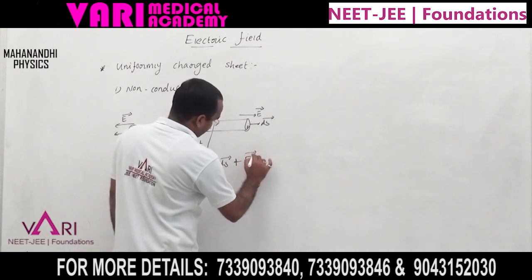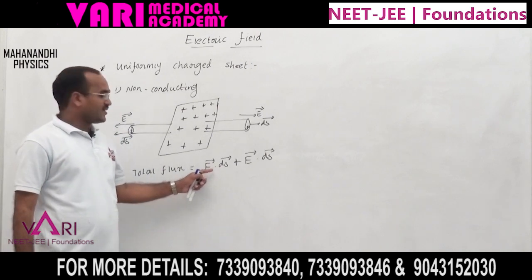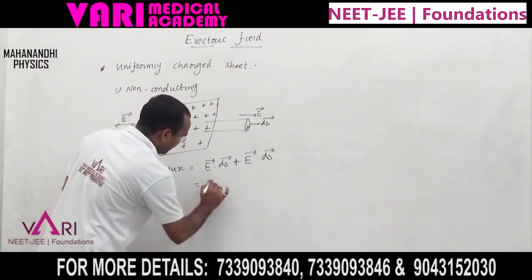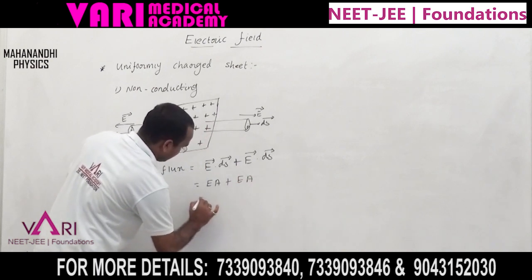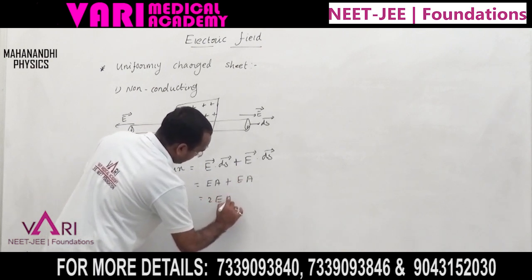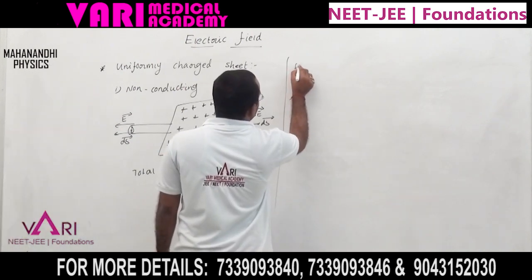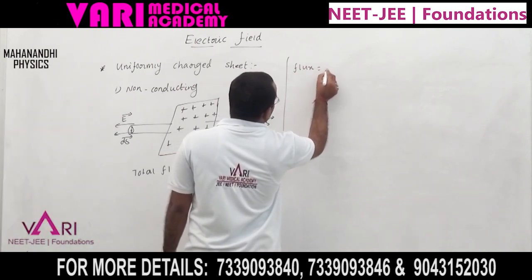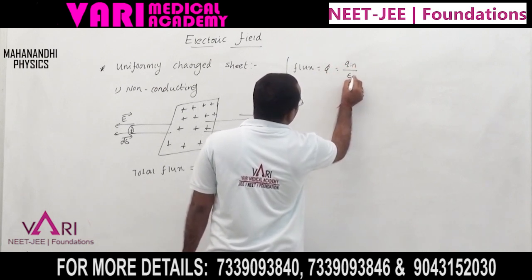Here ds bar is the area A, so EA plus EA equals 2EA, the total flux. Generally flux phi equals Q in by epsilon naught.